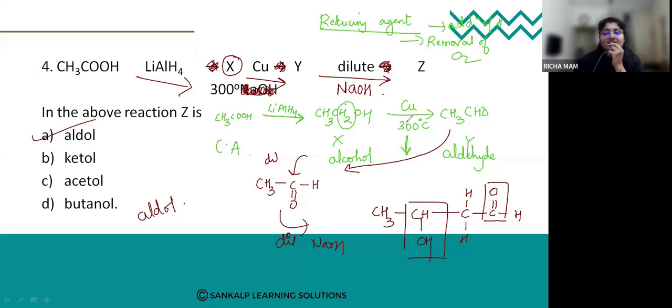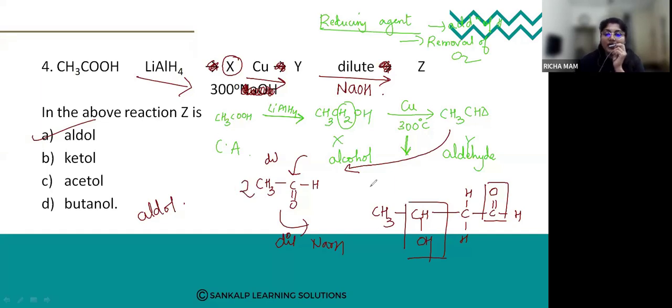We have just seen that copper is used to remove hydrogen. So from this alcohol, a molecule of hydrogen is removed and you get acetaldehyde. This acetaldehyde will undergo self condensation with one more aldehyde in the presence of dilute NaOH.